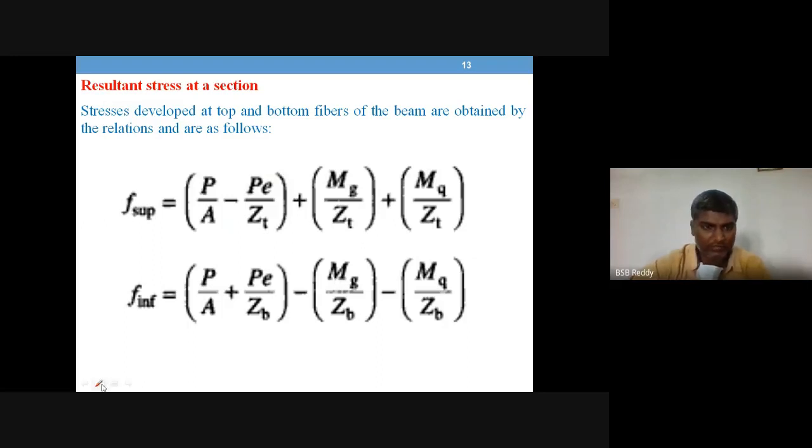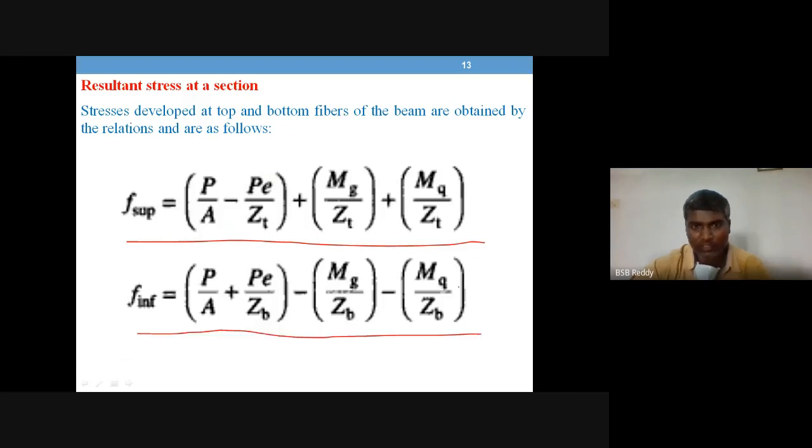So these are the mathematical expressions to be used finally to get the stresses at top and bottom fibers. This is the stress at top fiber.